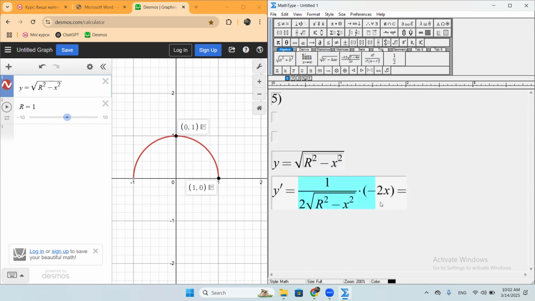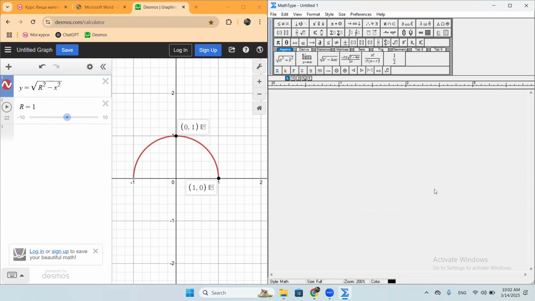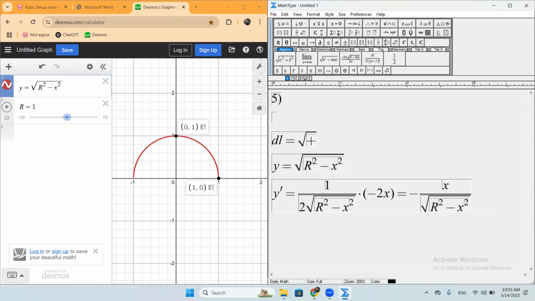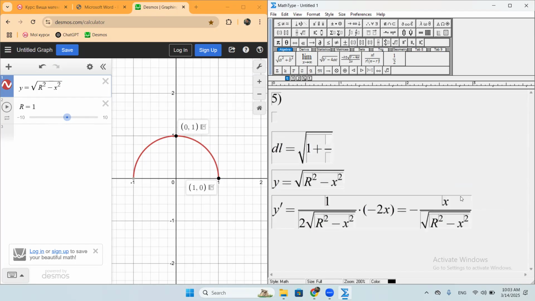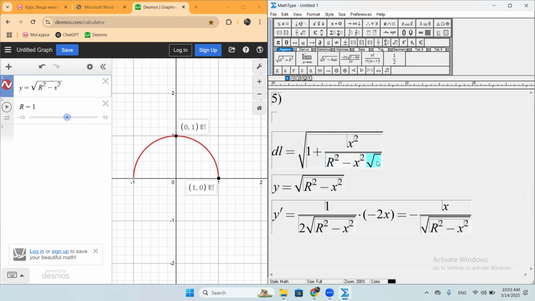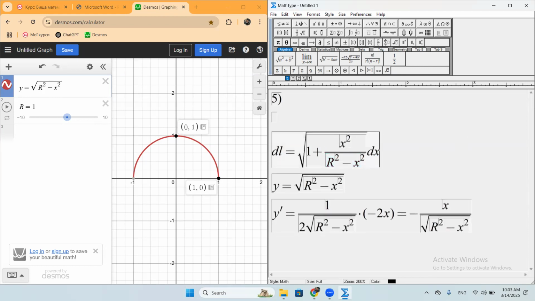So it will be the following, x here, and minus here. So the dl will be equal to the square root of 1 plus this expression in power of 2, so x square, and here the square root goes away, dx. Now let's modify it.